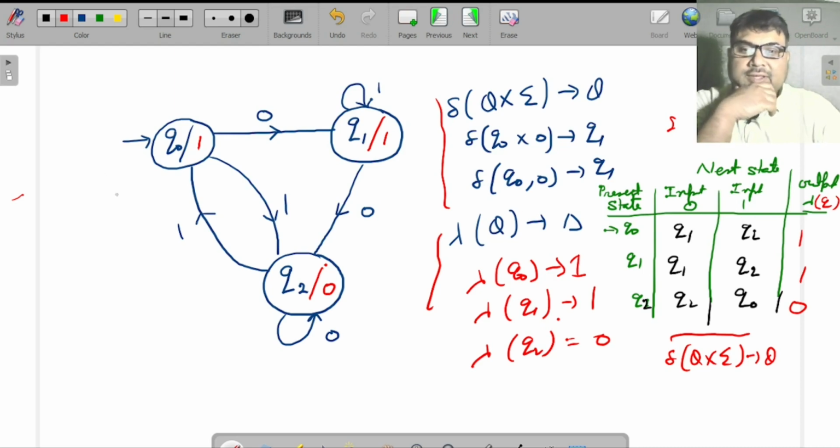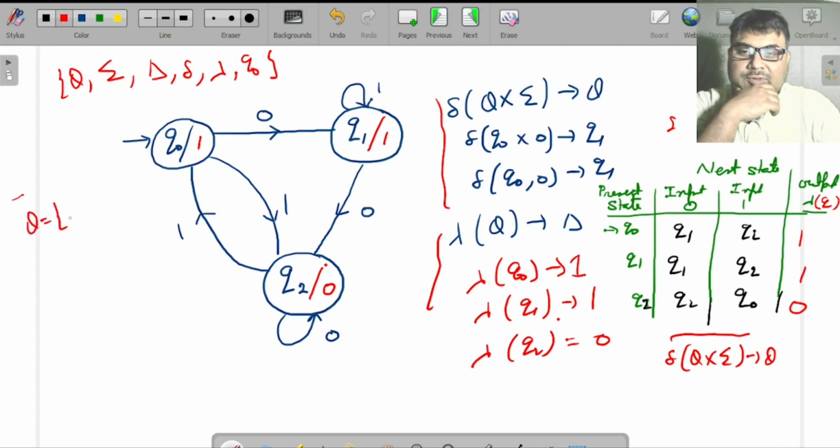Now the next thing is this. According to the definition, it is a six-tuple. What is Q, Sigma, Delta, transition, lambda and Q naught? Here Q is Q naught, Q1, Q2.